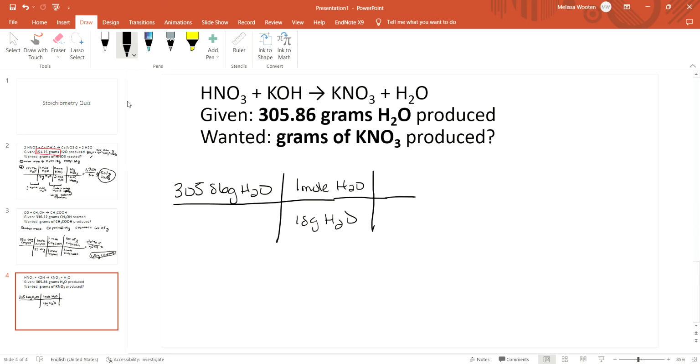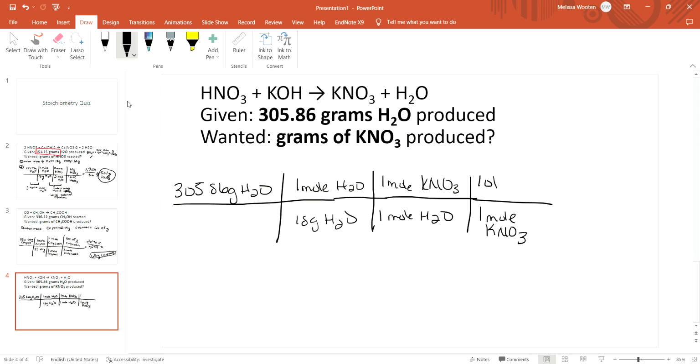And then we have a balanced chemical equation, 1 mole of water for every 1 mole of KNO3, because all my coefficients are 1. 1 mole of KNO3 is 101 grams, and this came from the periodic table.